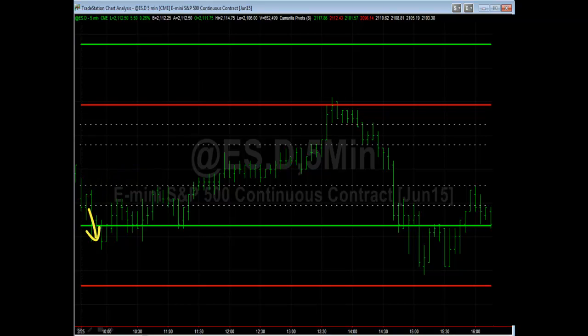It took a little while, but it found support and came back into value. Once it crossed back over the mean, it started heading towards the upper level. When it got up to H3, it found resistance and rolled over and moved back down towards the mean, and then again down towards the lower level of support.